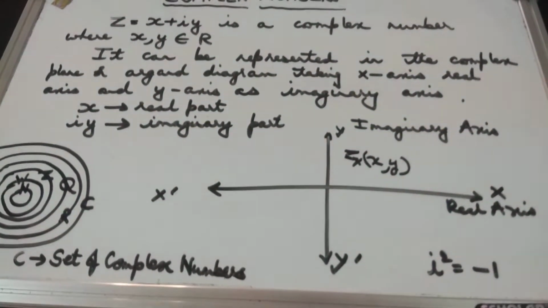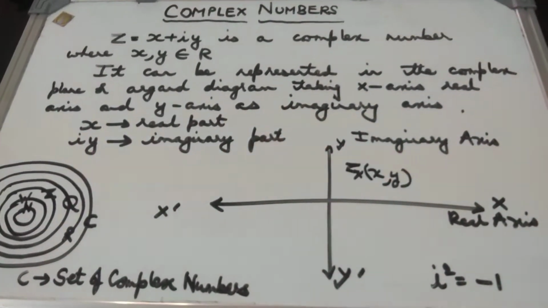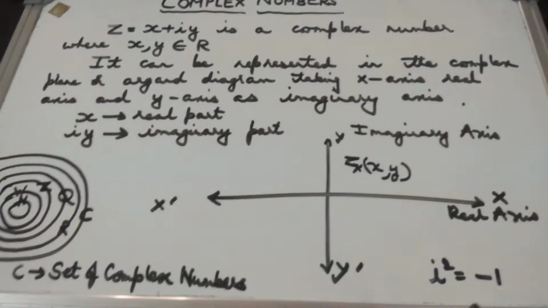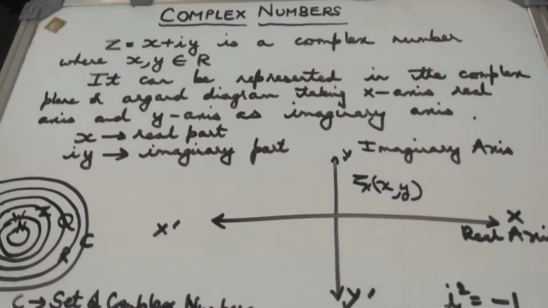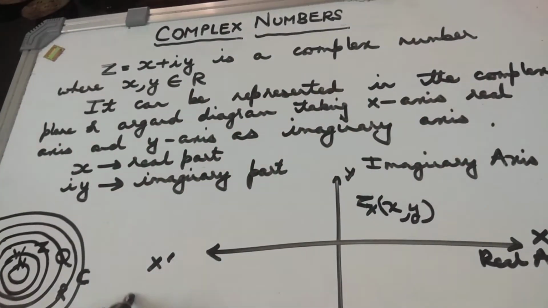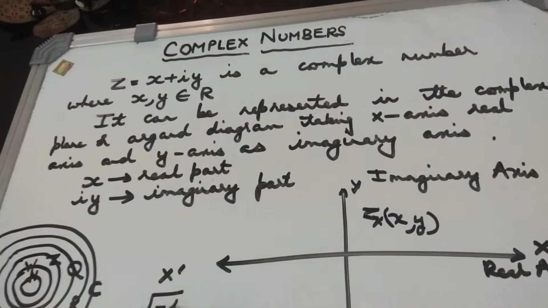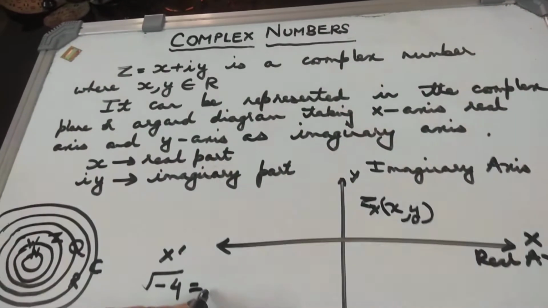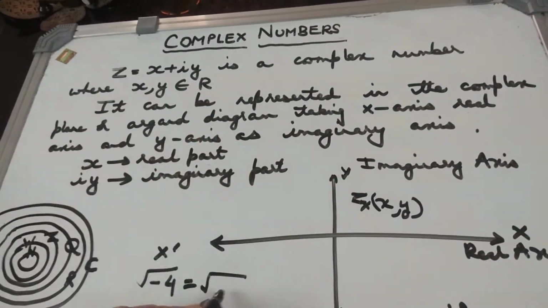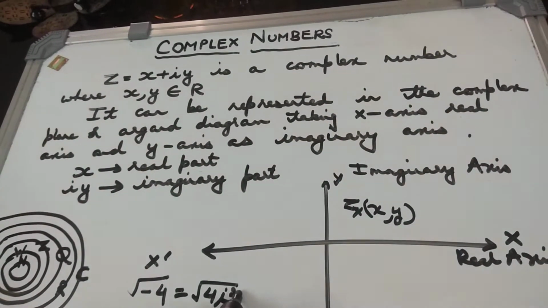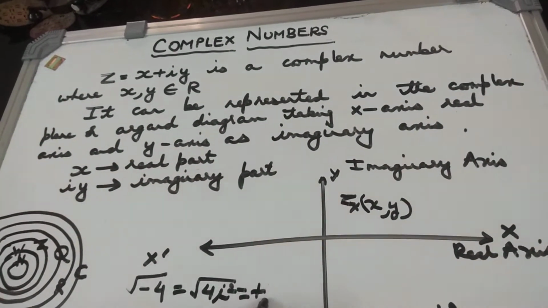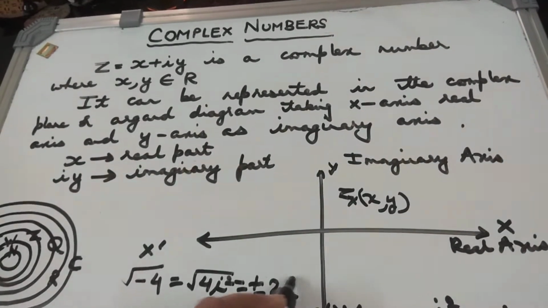And that is how, if I have to find out the square root of any negative number, for example, if I have to write down under root minus 4, under root minus 4 means this, and under root minus 4 I can write as 4i square, which will be equal to plus minus 2i.